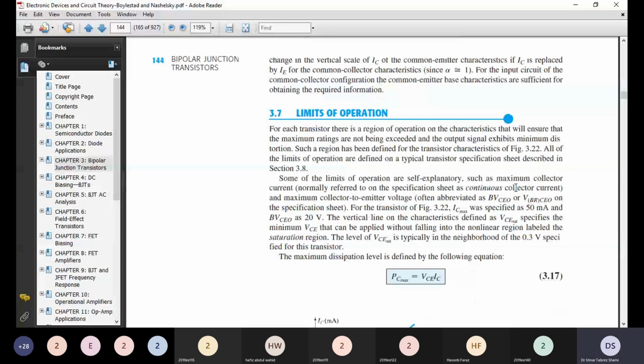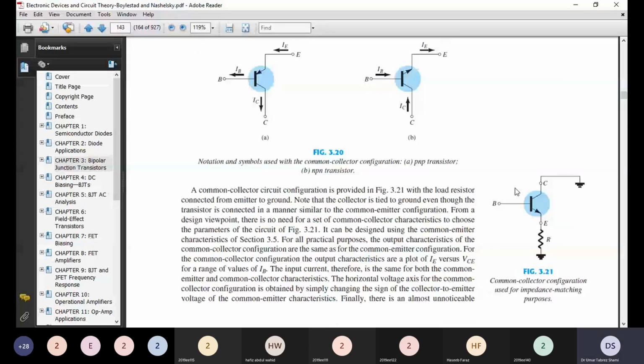Impedance matching is a term that relates two impedances which are related to each other, and they can be controlled by the fact that the collector current is equal to beta times the base current. In figure 3.21, we see the common collector configuration used for impedance matching purpose.